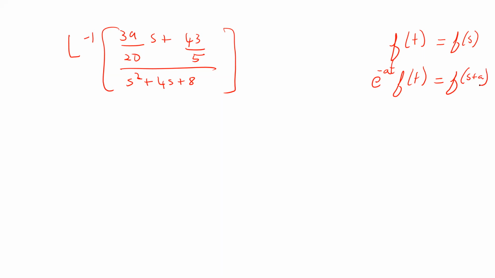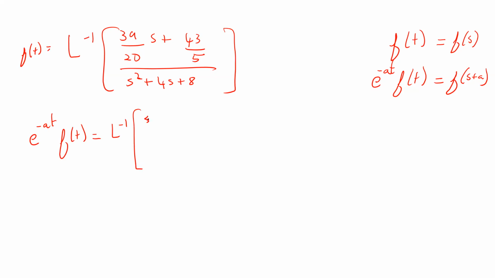So we are finding the Laplace inverse of this quantity, and let's say this is equal to some function of t. Now if I multiply that function of t by e to the power at, I have to replace, in the left hand side, wherever s is there, by s minus a.